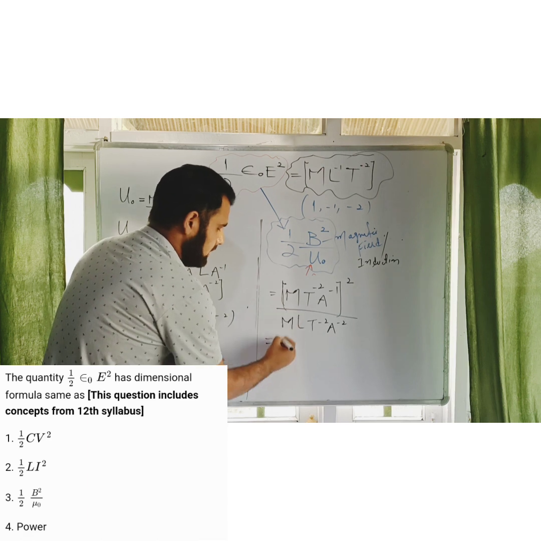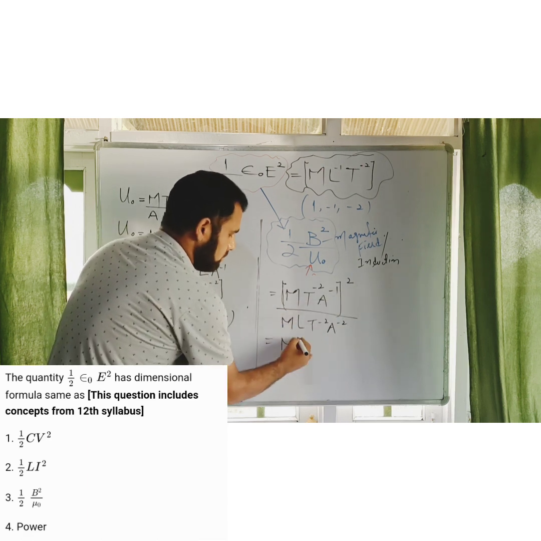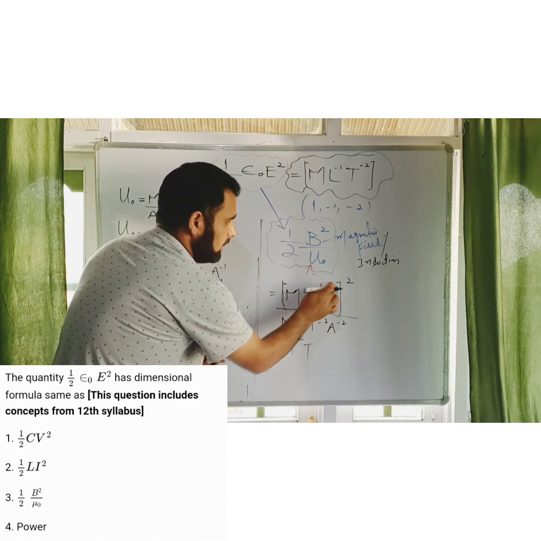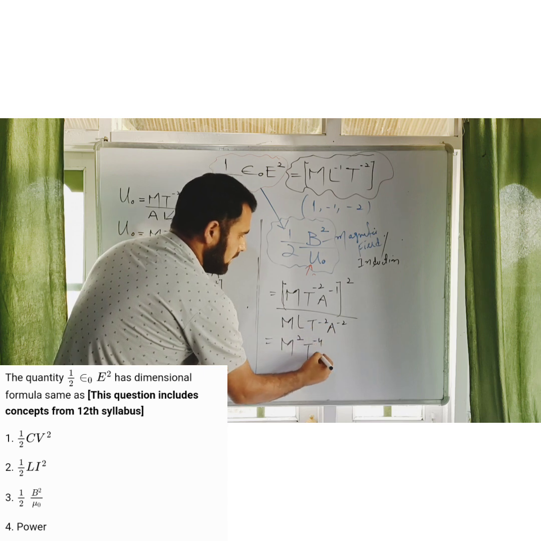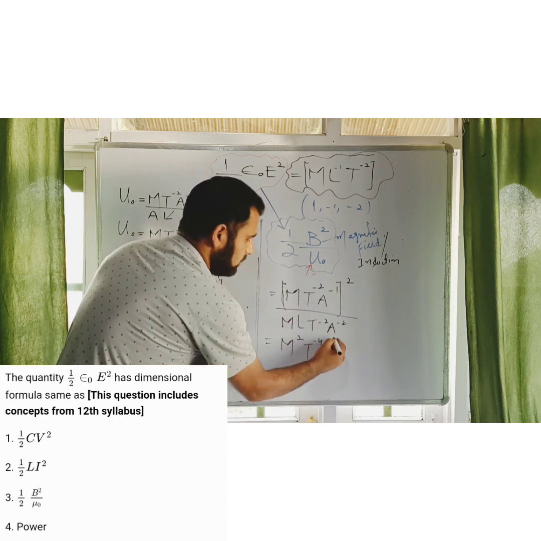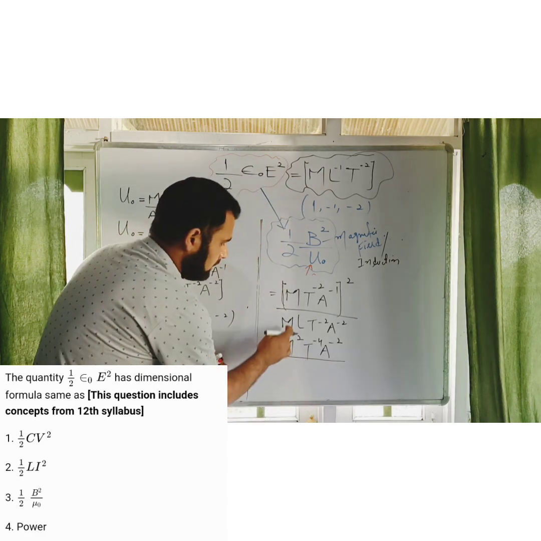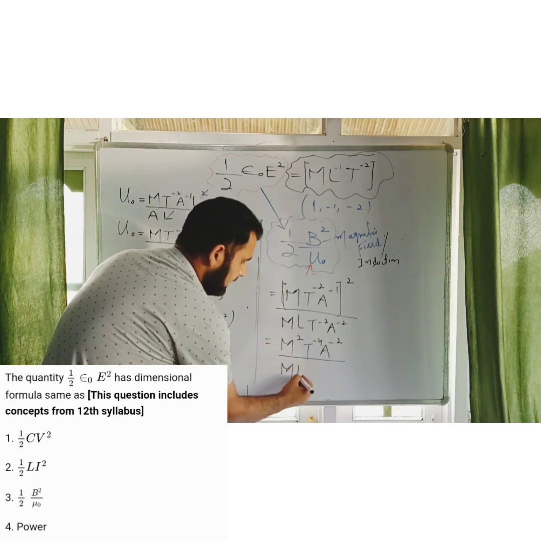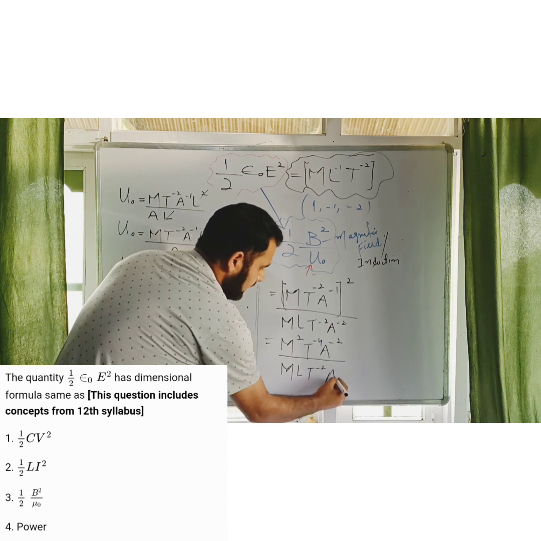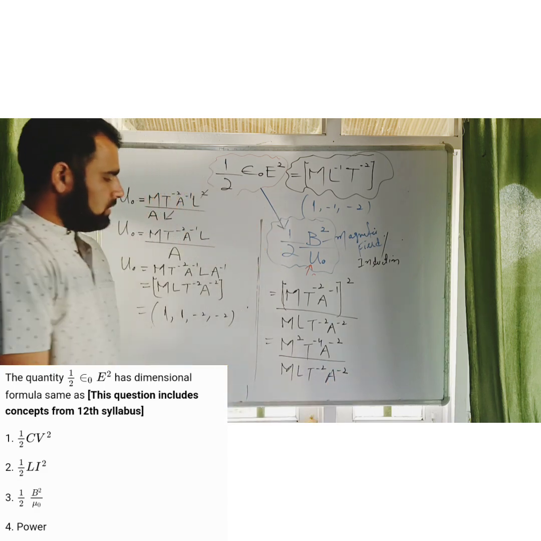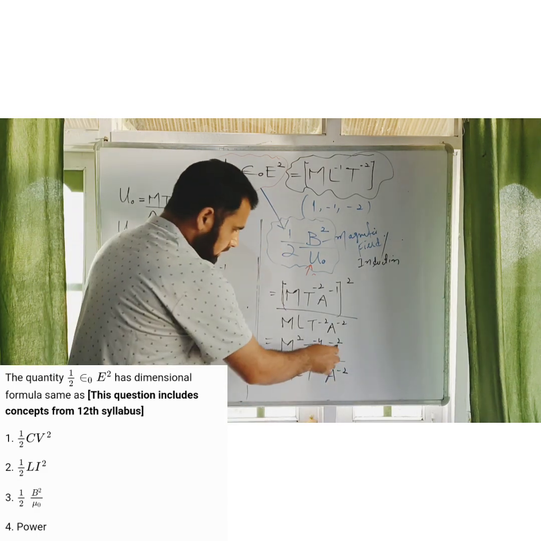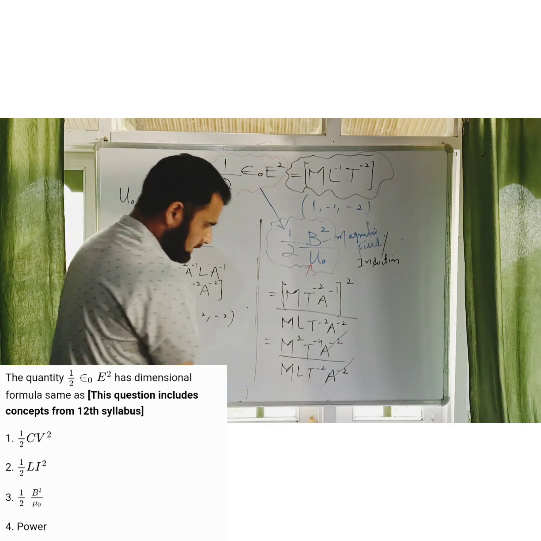Now you can check here, it is M square T raised power minus 2 into 2, so T raised power minus 4, and A raised power minus 1 into 2, so A raised power minus 2, divided by M L T minus 2 A minus 2. Now you can see here A minus 2 cancels out.